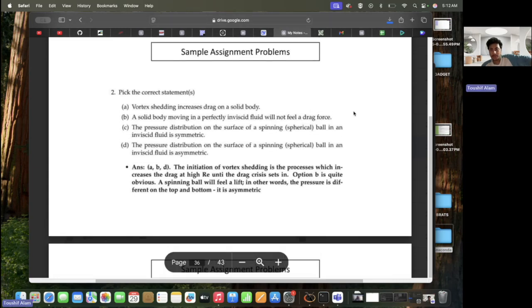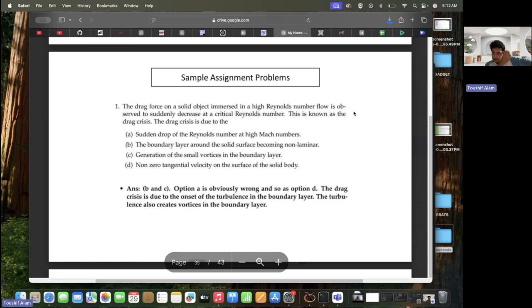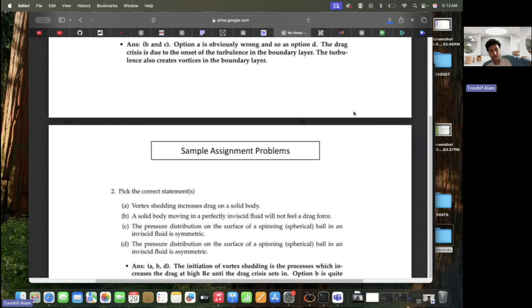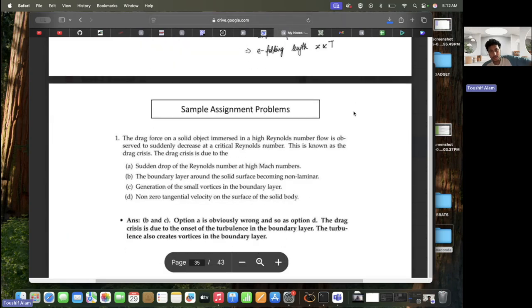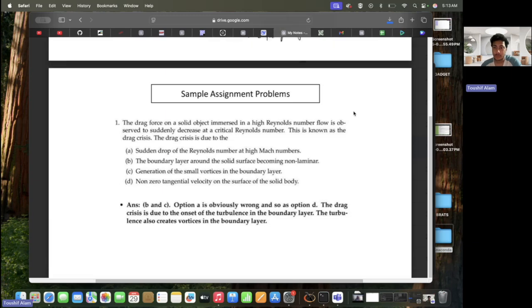The vortex shedding, you have to understand the idea of this. And in this question, the drag crisis, vortex shedding, is a very important phenomenon, and this will lead you to the idea of turbulence. If you do any further course on turbulence and nonlinear physics, you will need to know all of this.